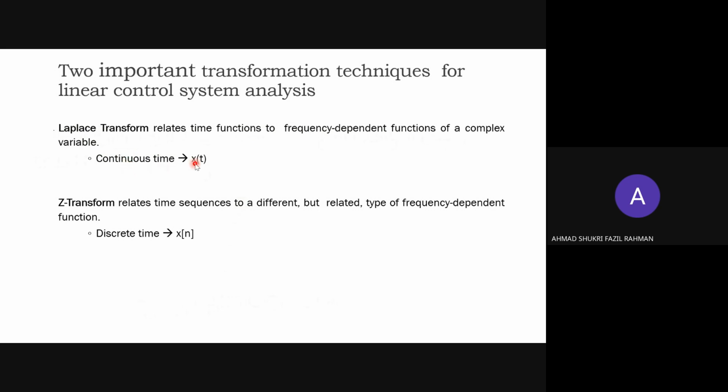Meaning that if we have a signal or system in the form of continuous time x(t), we can use Laplace to create an equal value in the form of frequency dependent. In continuous time, the signal is in the form of time domain, x(t), and for the z transform, this is in the form of discrete time, given by x(n).